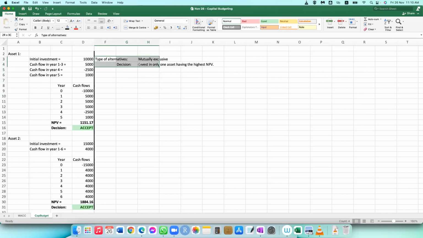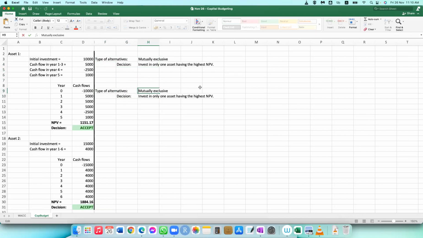Now, if the project alternative is instead independent, that means taking one does not affect the decision about the other one. If the choices are independent, then invest in all assets having positive NPV.